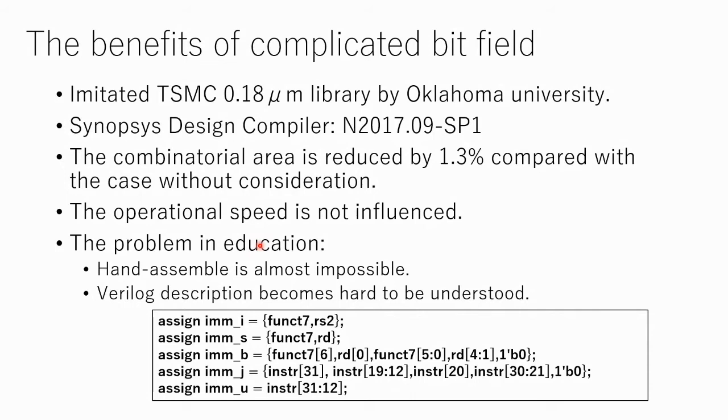So it actually contributes to reducing the hardware amount, but it introduces problems in education. First of all, hand assembly is almost impossible. It's very confusing. And the Verilog or other HDL description becomes hard to understand. For example, we use this kind of description for interpreting this shuffled location.